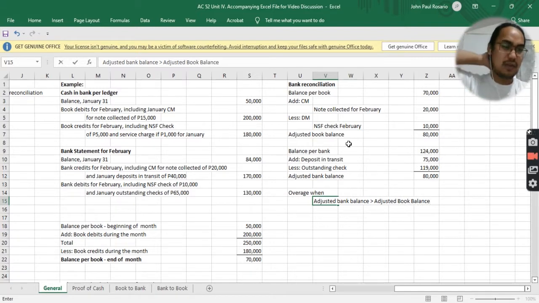It is considered overage because what will be followed as your adjusted cash balance is your adjusted bank balance.